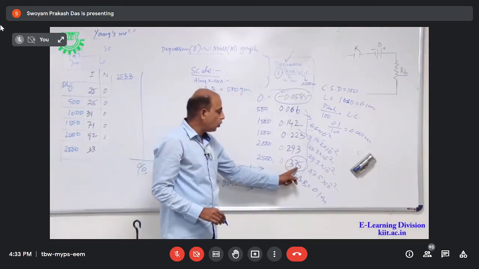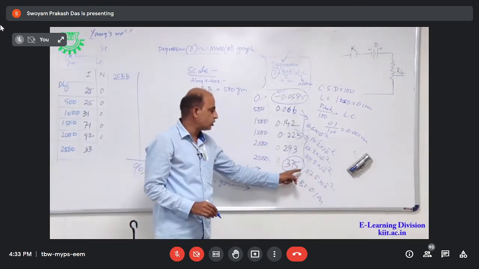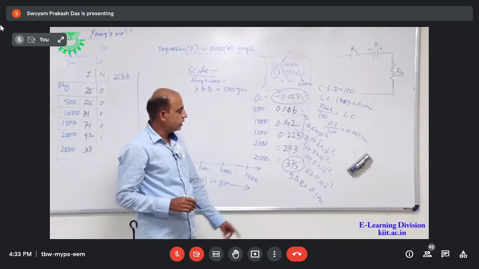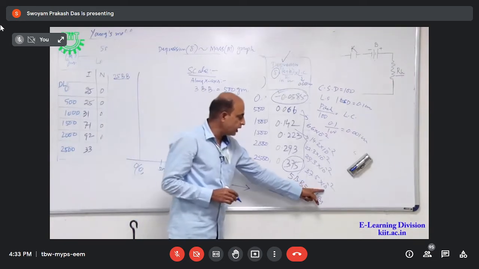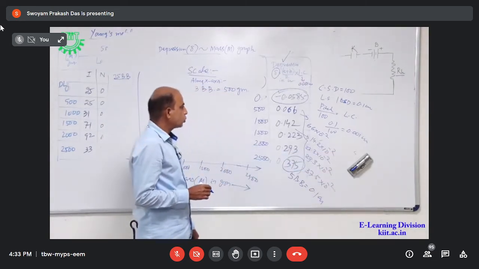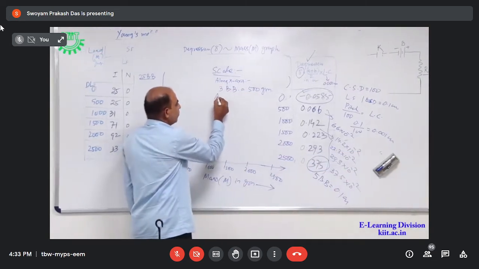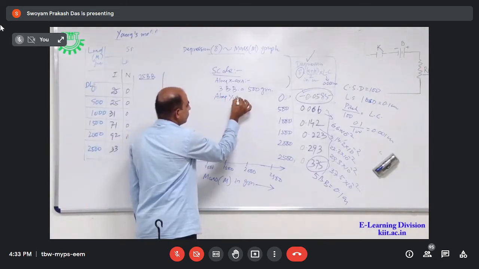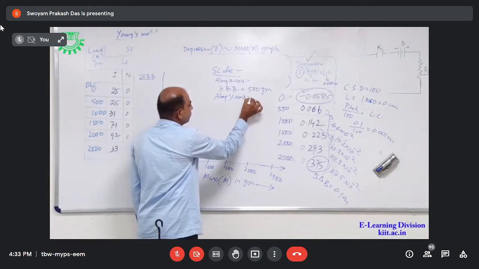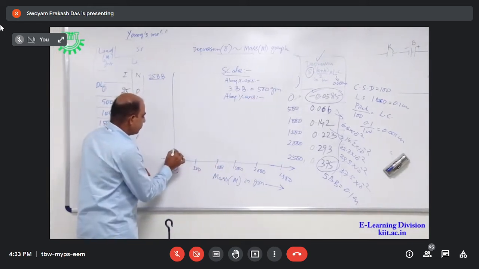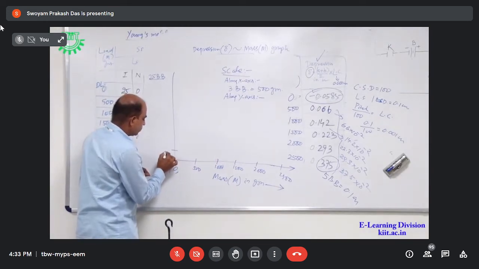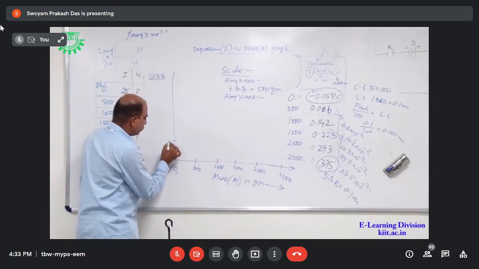That means the whole value is considered along the y-axis, and it is taken in the graph up to 3 decimal places. Now everywhere 10 to the power minus 2 is common, so along the y-axis we may write this. If we choose the scale, one big box is 1, 2, 3.